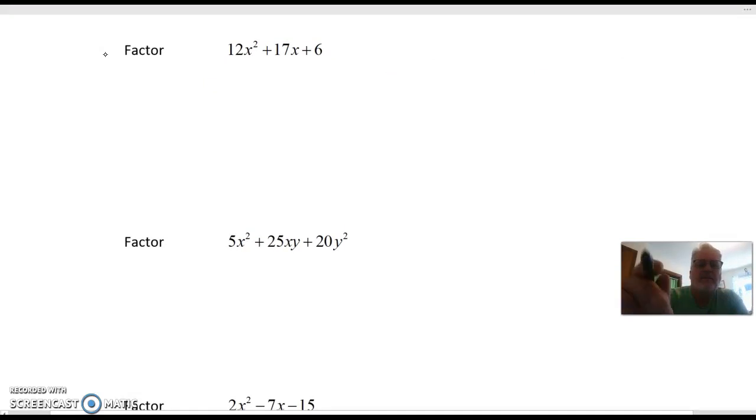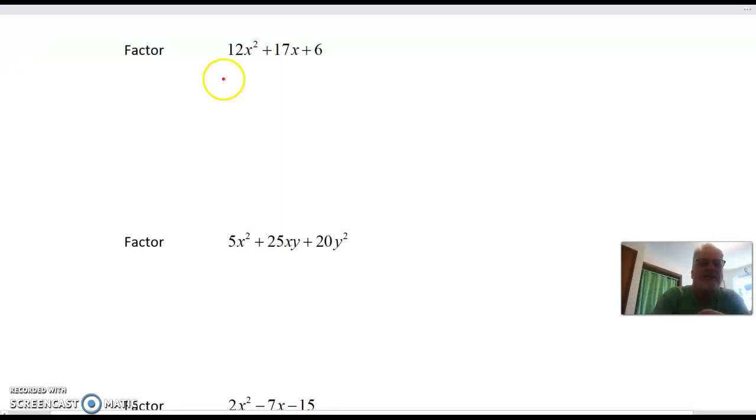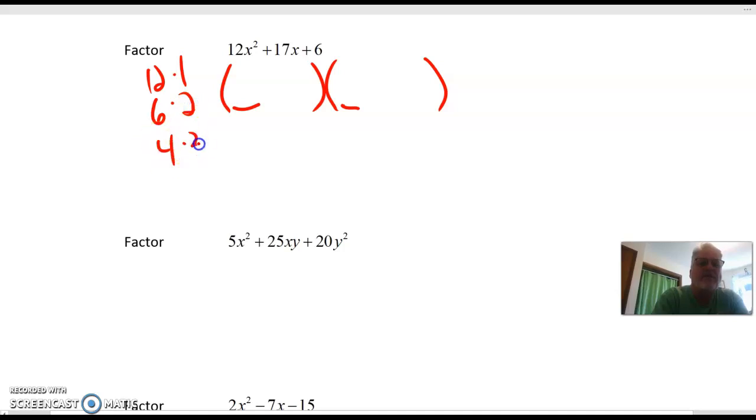Okay, so let's try these two. For here and here, I could go with 12 times 1, 6 times 2, or 4 times 3. I do not usually try anything times 1. I'm going to try the two numbers close to each other, the 4x and 3x. I know these are plus signs.